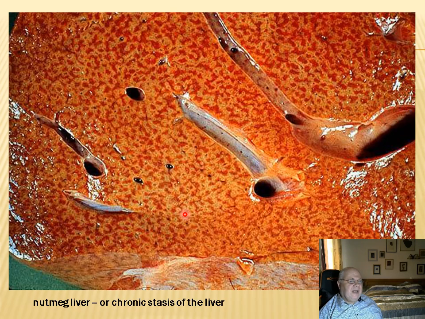In the portal tract, we have the hepatic artery branches, which bring oxygen. For this reason, the nearby hepatocytes surrounding the portal space are not affected by hypoxia, so they remain normal looking macroscopically, meaning they are brown.